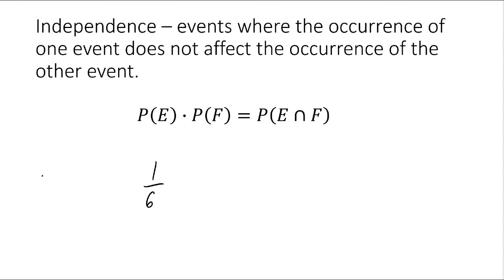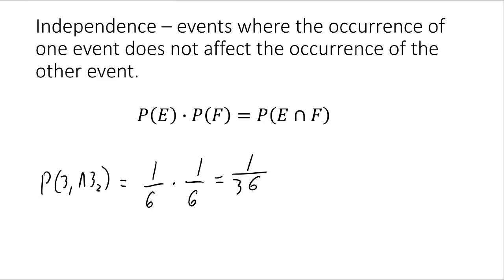So if we wanted to find the probability that we get a 3 on the first roll and a 3 on the second roll, we'd multiply 1/6 times 1/6, the probability of getting a 3 on the first roll and the probability of getting a 3 on the second roll, and we'd get 1/36.